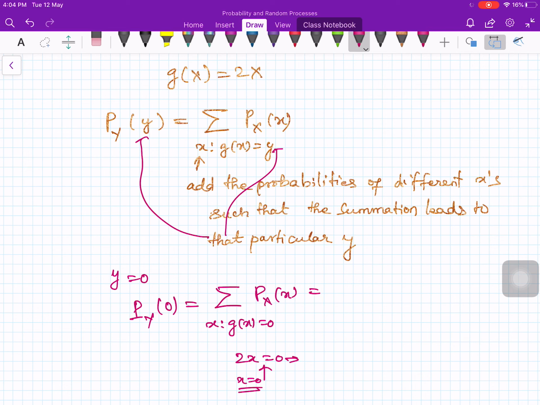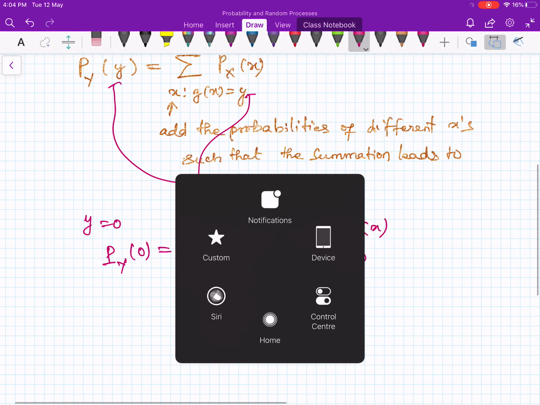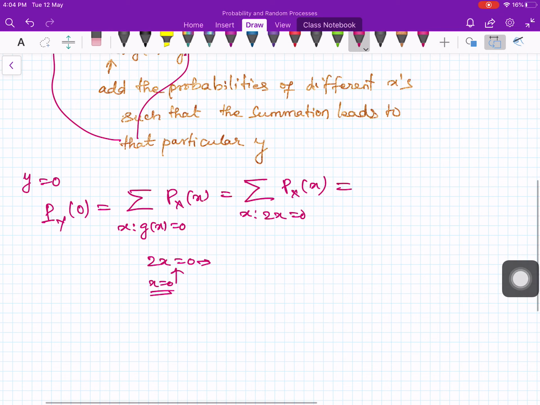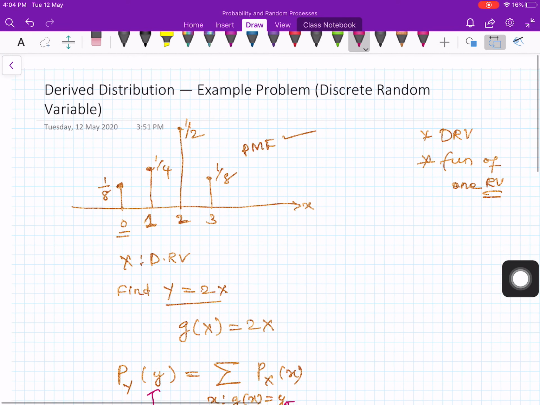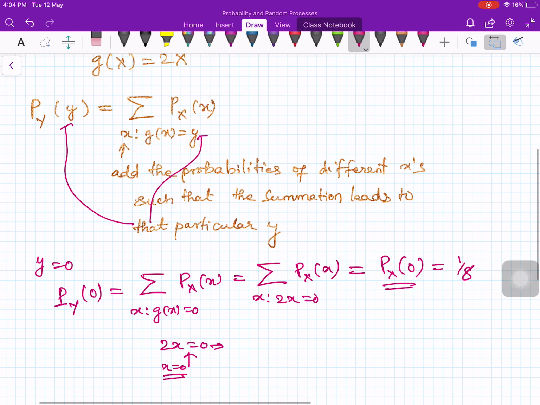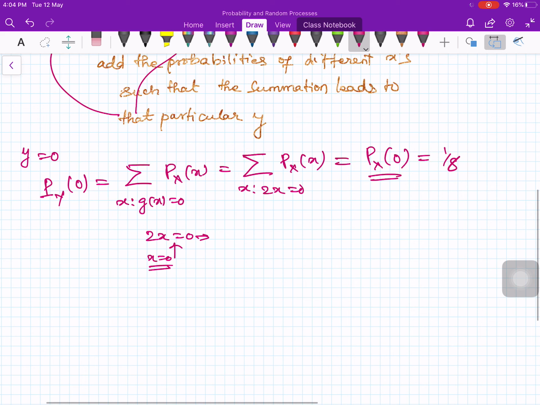So it is p_X of 0 alone. What is p_X of 0? If you look at the diagram, it is 1 by 8. Therefore p_Y of 0 equals 1 by 8.